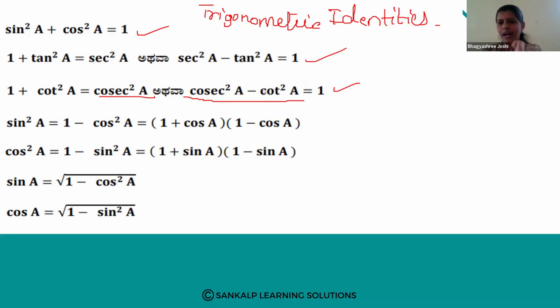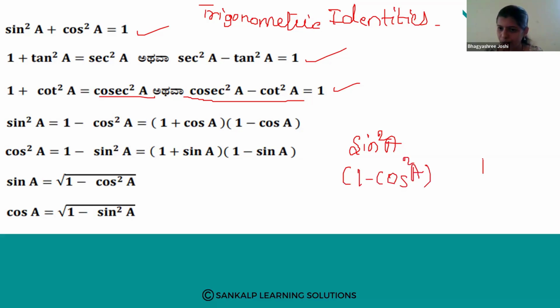So why do we need these identities? Because now, while solving problems, if you get sin square A, in place of sin square A, I can write 1 minus cos square A, right?